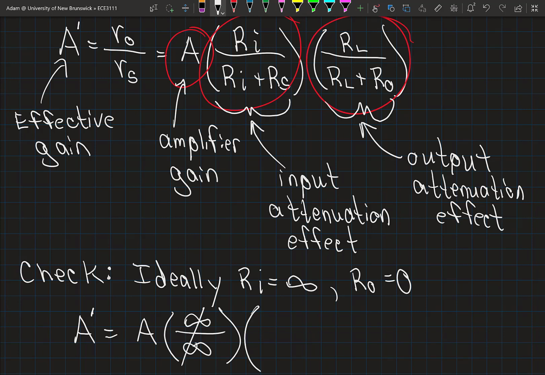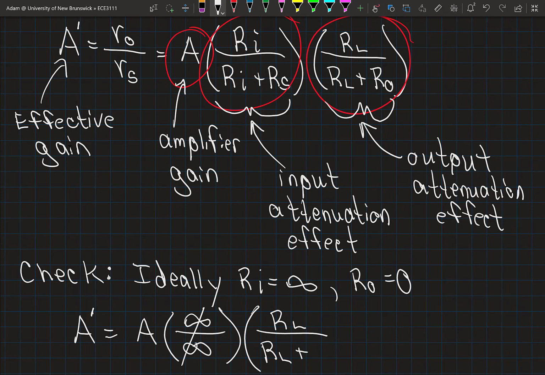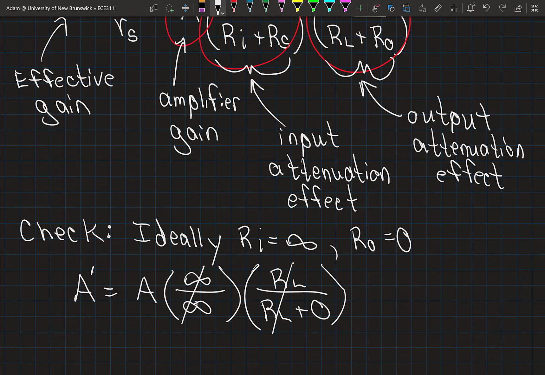Over here, I'm going to have a voltage divider effect on the output that's a function of the load resistance divided by the load resistance plus the output resistance. If that output resistance is 0, we just have RL over RL, and again that term cancels out, so my effective gain is equal to my amplifier gain.